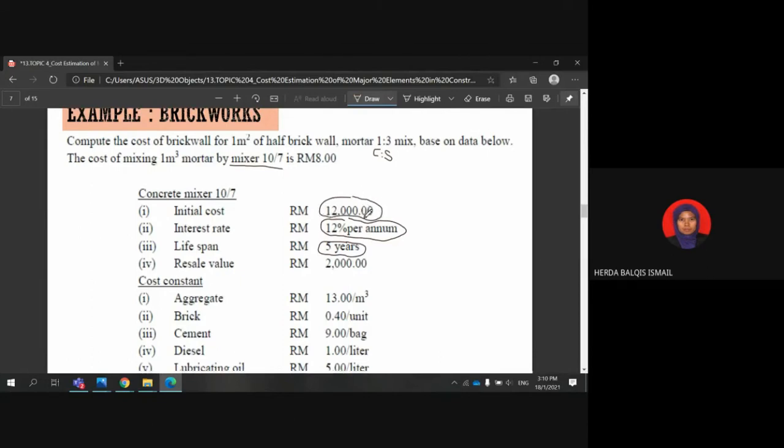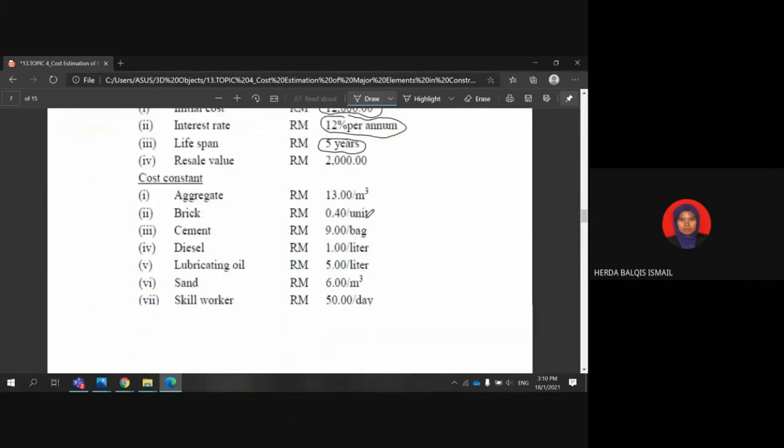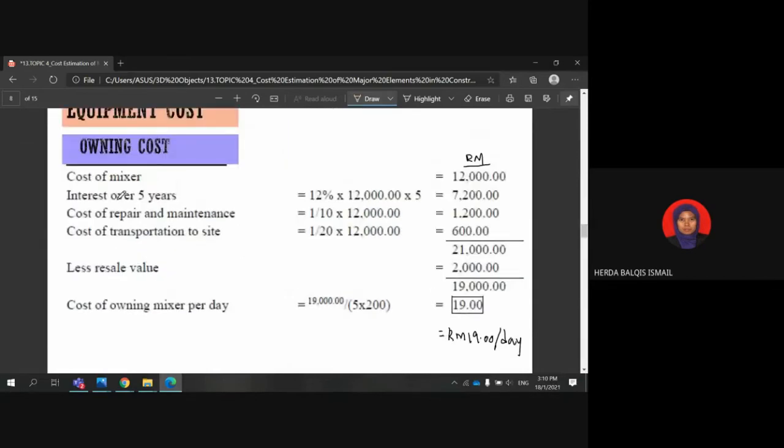The lifespan of the mixer is 5 years. So we calculate interest over 5 years as 12% of the initial cost of the mixer, 12,000, over the lifespan of 5 years, and you get 7,200.